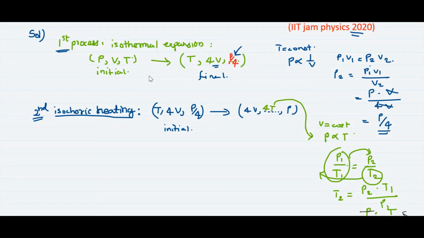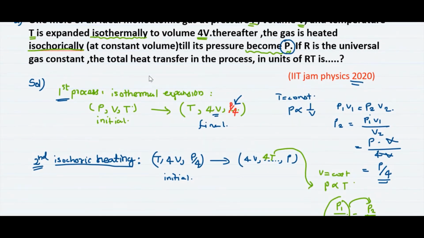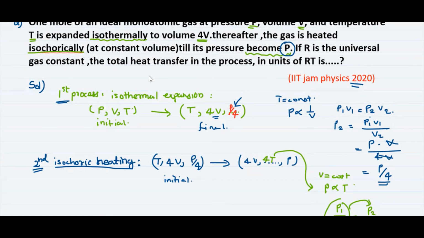Okay, so now the question is not to find pressure or temperature. The question is to find the total heat transfer. So there are two processes, isothermal expansion and isochoric heating. So now we know the initial conditions and final conditions in both processes. So there will be a heat transfer in this process, delta Q1, and then here also there is a heat transfer, delta Q2.